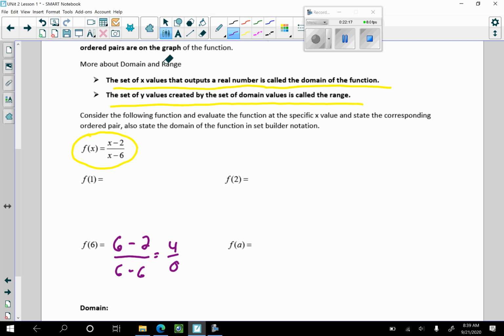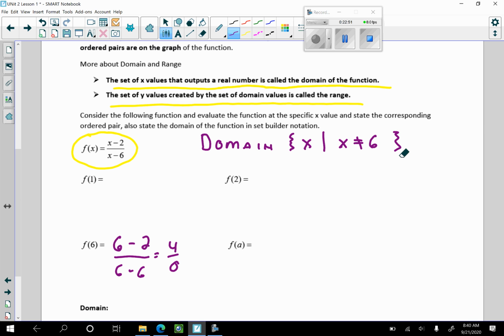Therefore, 6 is not in the domain, but anything else I put in would output a real number. So the domain of this function in set builder notation is all x such that x does not equal 6. And there you go. x can be anything but 6. That is the domain of that function.